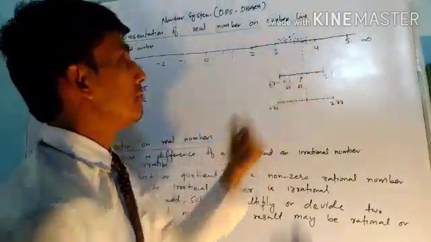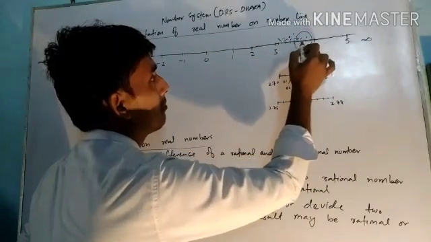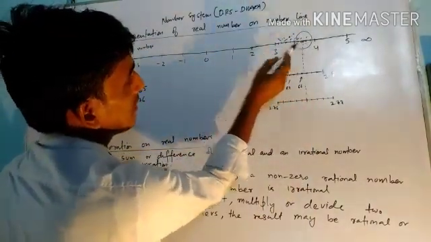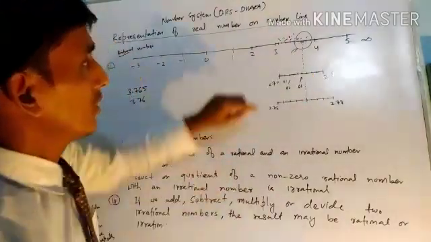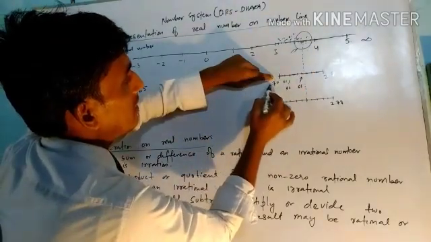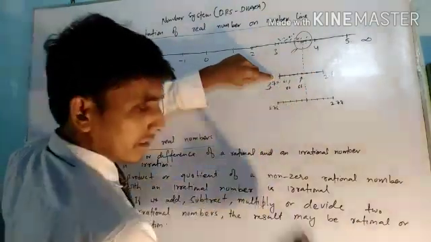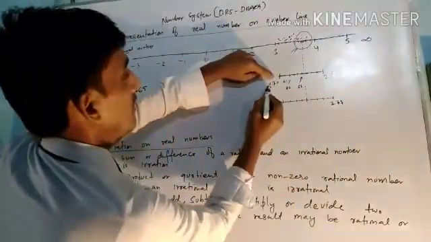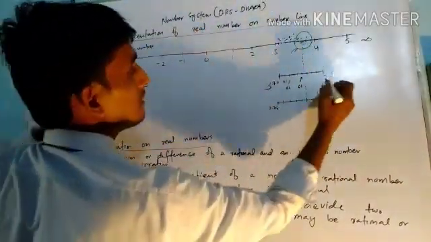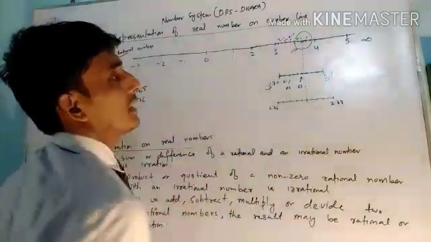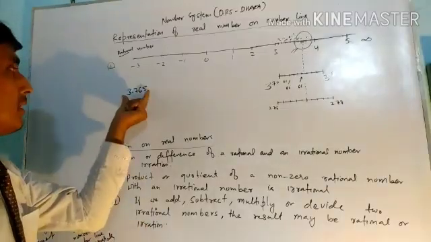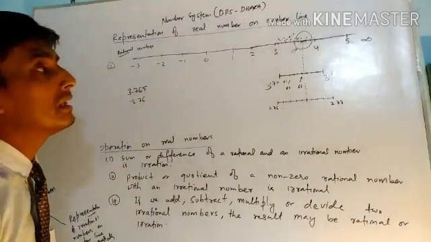If we magnify these two marks, the first mark will be 3.7 and the second mark will be 3.8, and between this 3.7 and 3.8 our number 3.675 is lying.